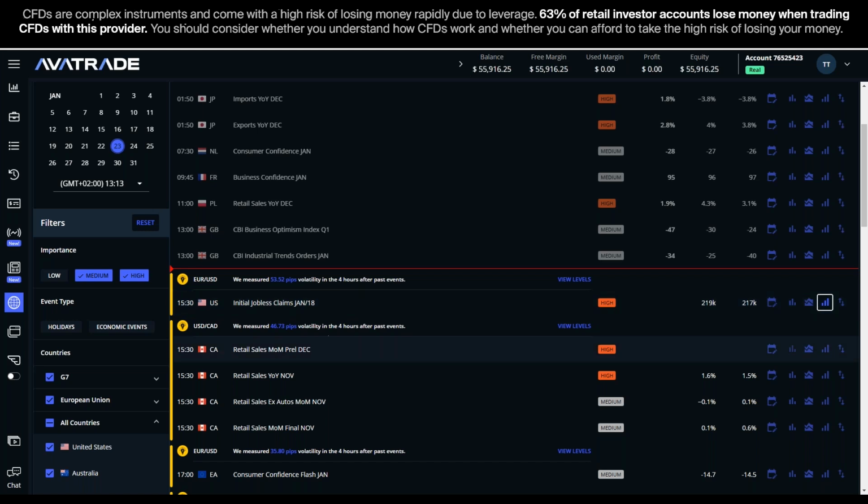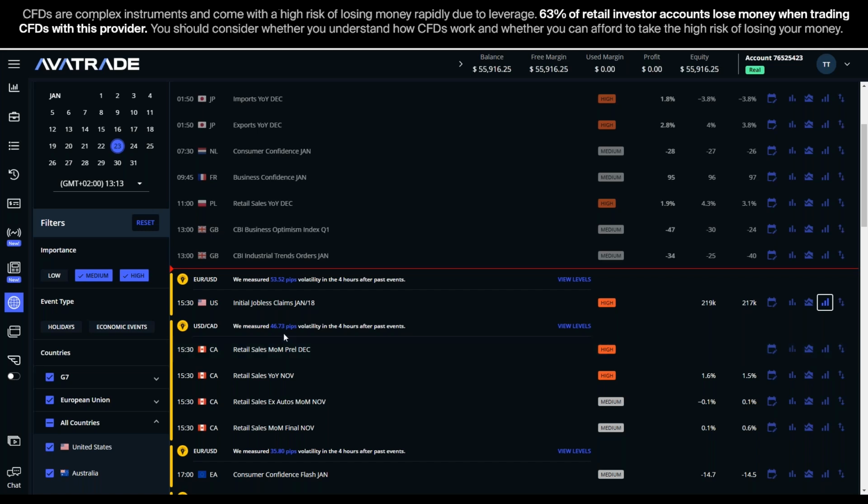So the retail sales out of Canada, which typically are at the same time as this initial jobless claims each time, give unpredictable movements. Why? Because there's more focus on the US announcement than the Canadian announcement. When the Canadian announcements are standalone, then you see better statistical advantages for trading on them.